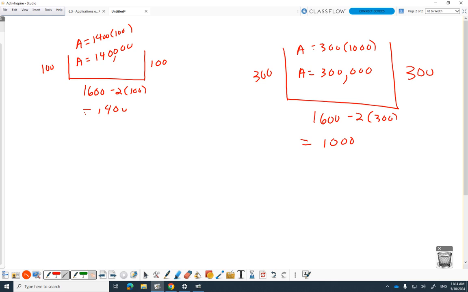Yeah, it says it right there. This one's 300,000. So by using different dimensions, I can get a much bigger area, even though I'm using the same perimeter. Wild, eh?